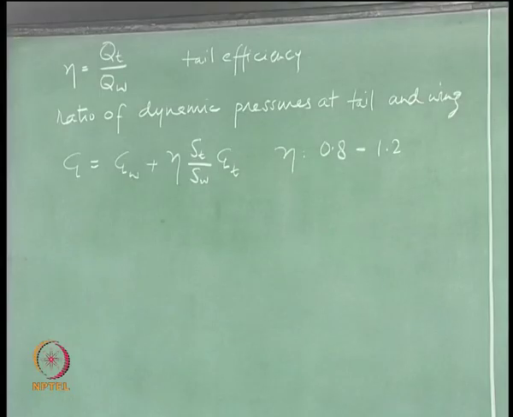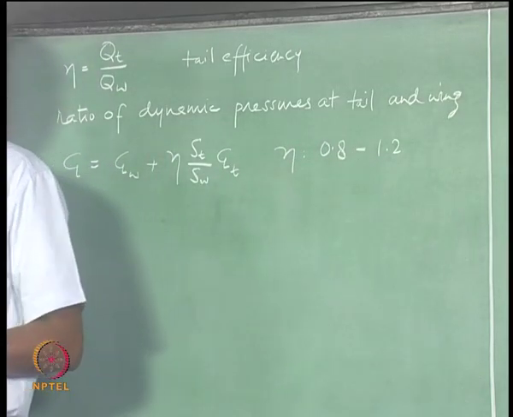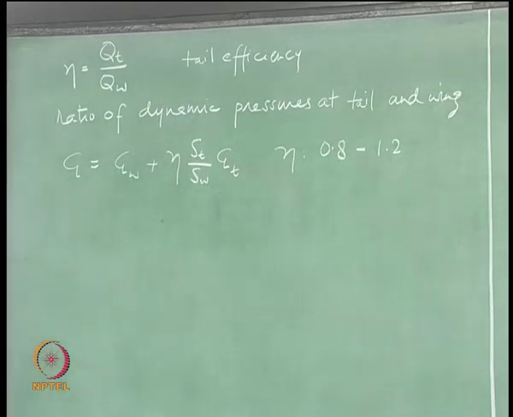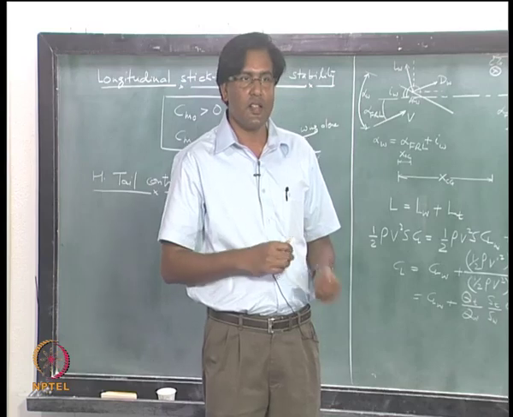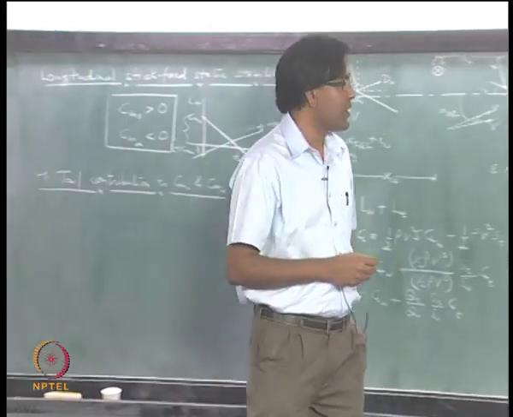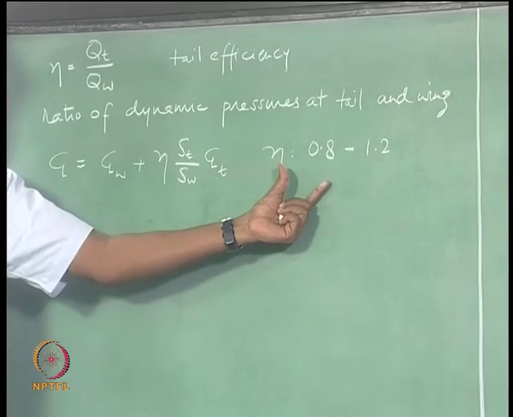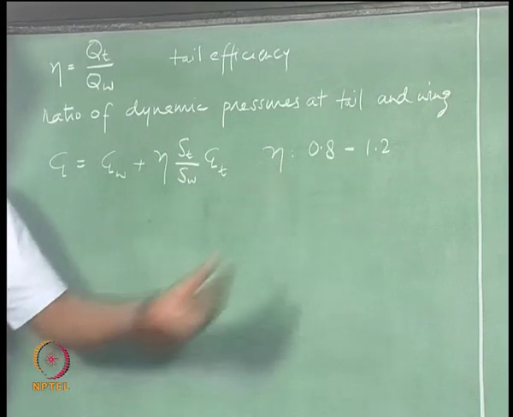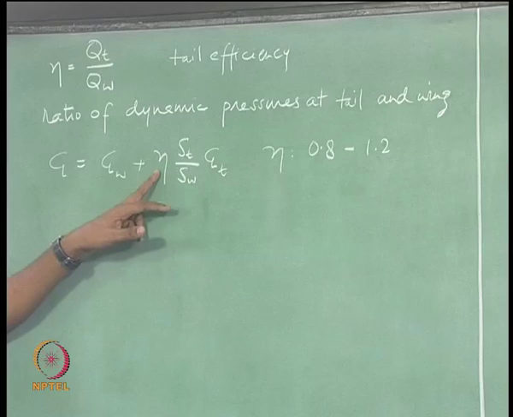So, when do you think it will be 0.8 and when do you think it's 1.2? It is 0.8 when the tail is lying behind the wing, right, in the wake of the wing. If this tail is lying in front of the wing, then this quantity is greater than 1.